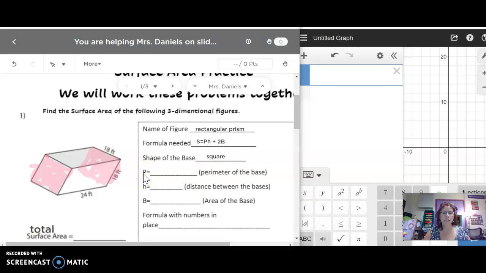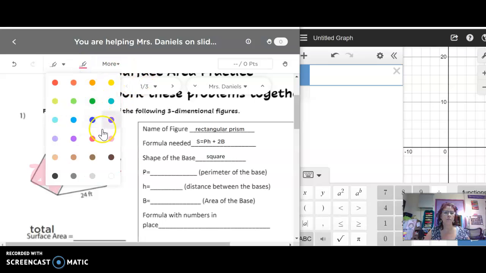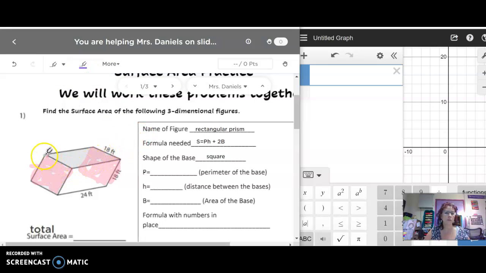Capital P stands for perimeter of the base. So in this case, we are looking for the distance around the base. Distance around the base, that's the perimeter. We don't have any measurements right there, but we do have some back here. So we would do 18 plus 18 plus 18 plus 18.